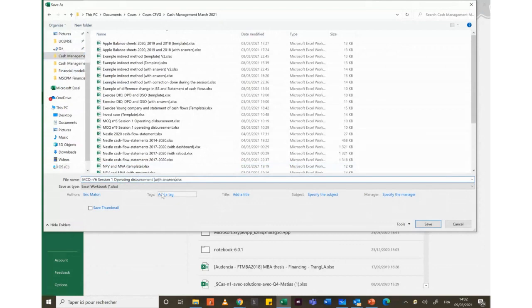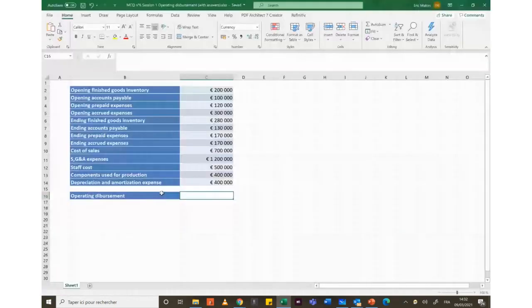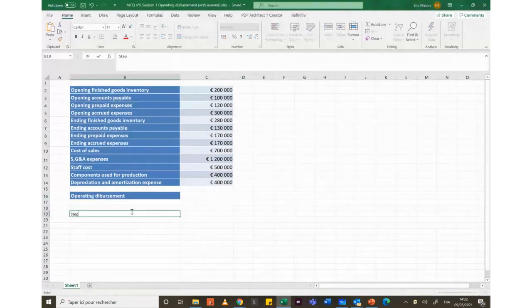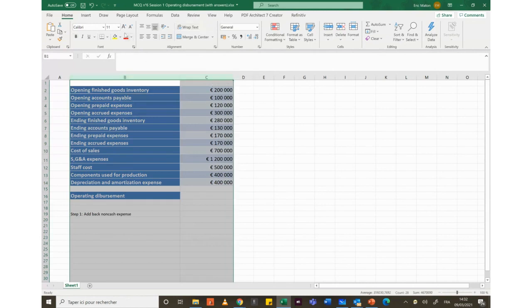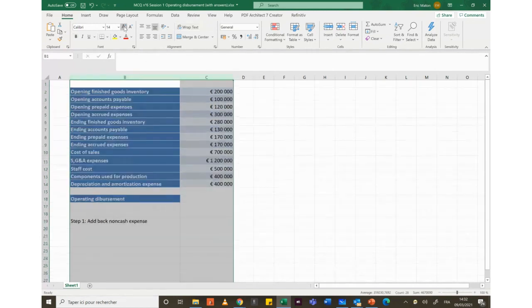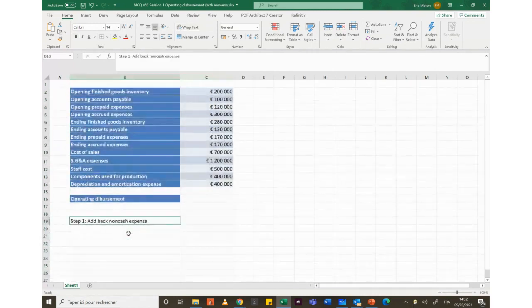So again, we can apply the 2 steps in the calculation. Step 1, we add back non-cash expense. So we start from the operating expense and we add back the non-cash expense.